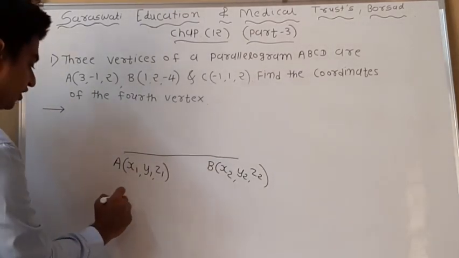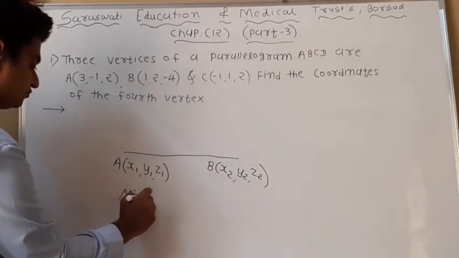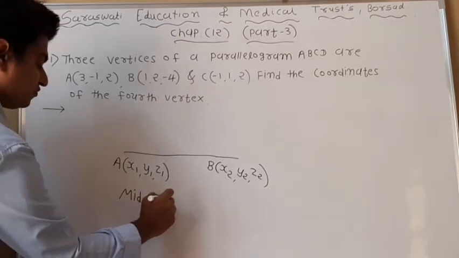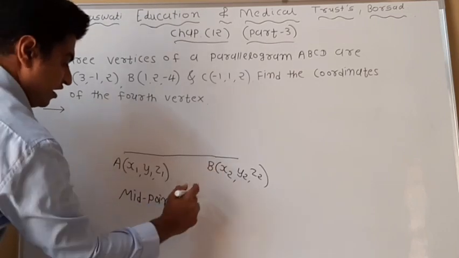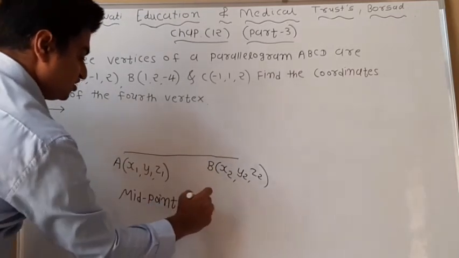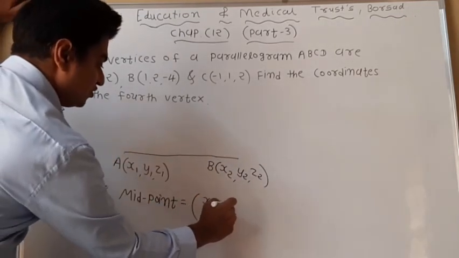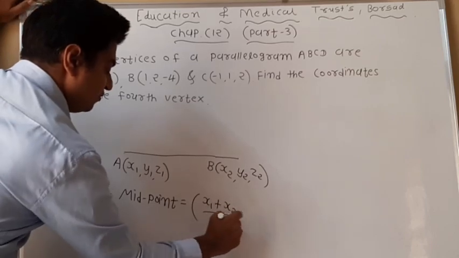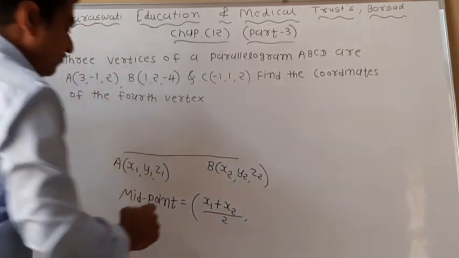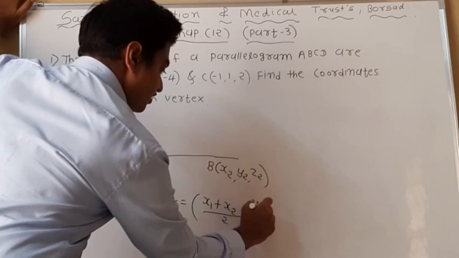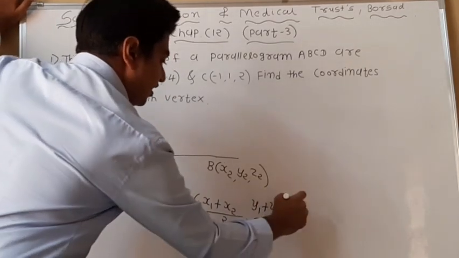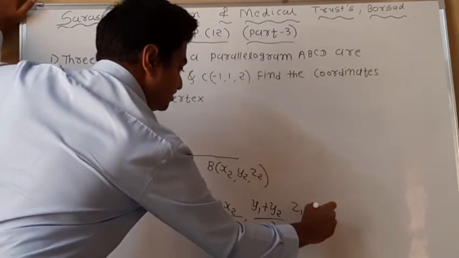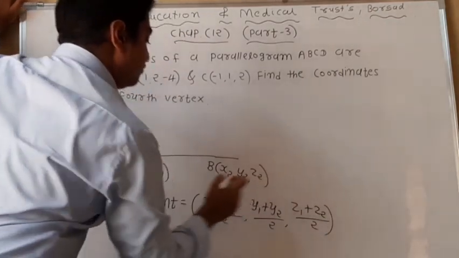So the midpoint is equal to x1 plus x2 divided by 2, comma y1 plus y2 divided by 2, comma z1 plus z2 divided by 2.